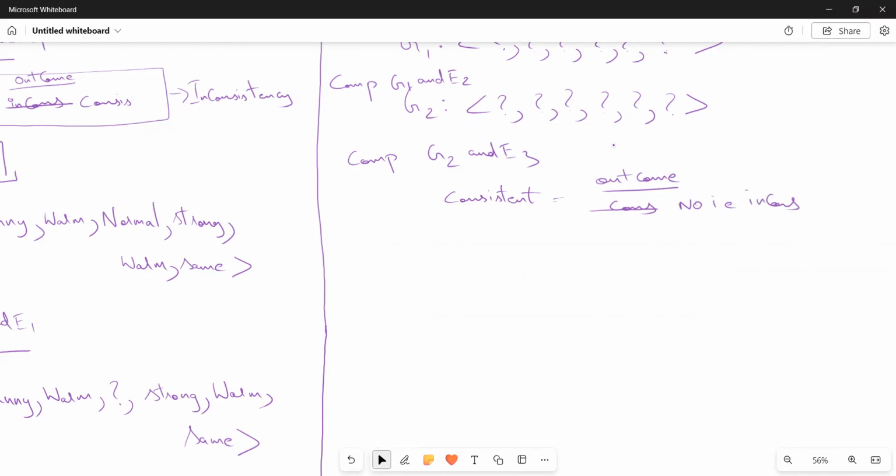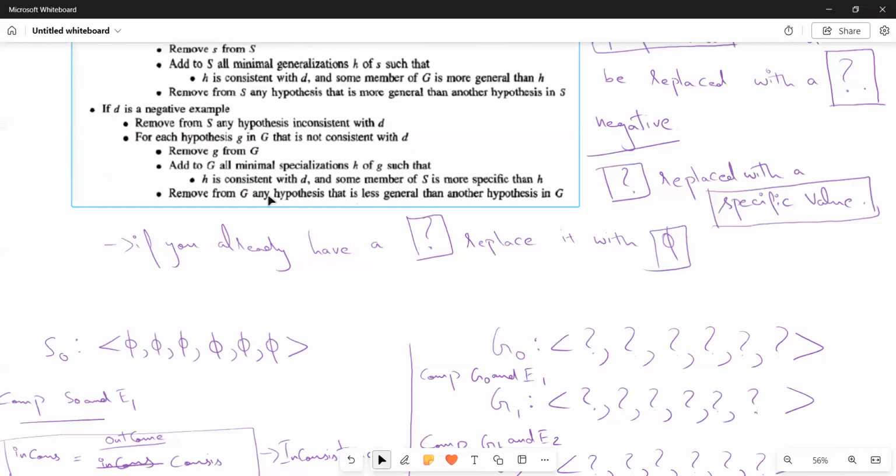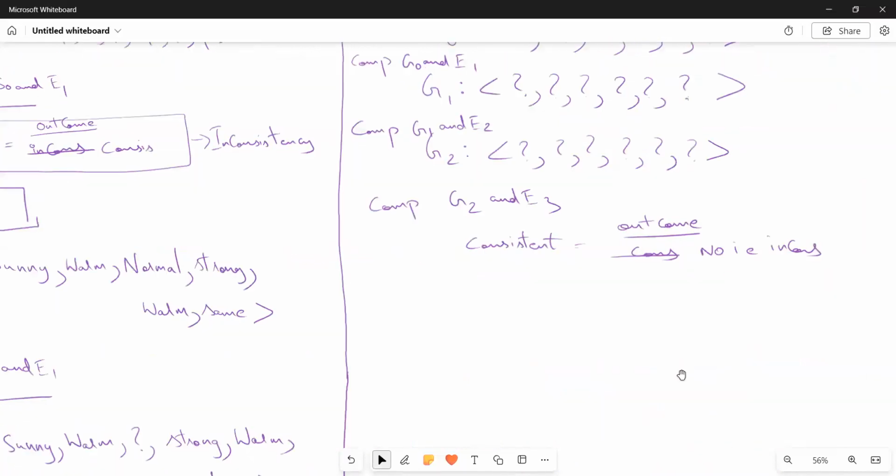So what are we going to do? As we have told, we are going to take up each hypothesis and work on it. If you remember, looking back at your algorithm, we are going to work on each of the hypotheses.